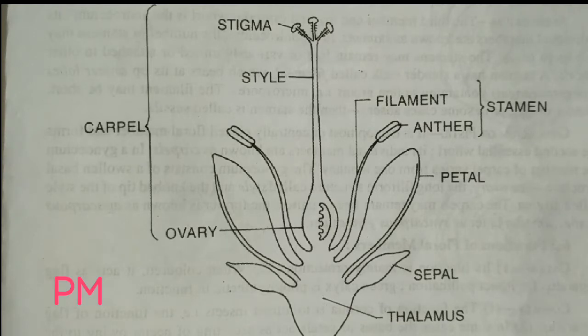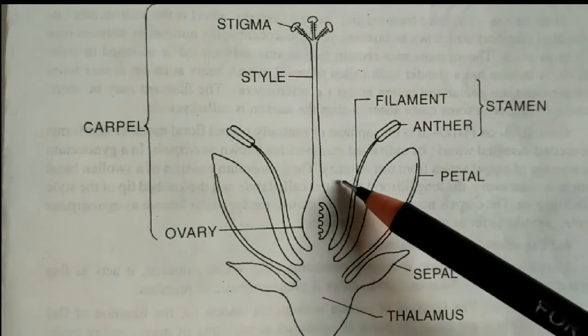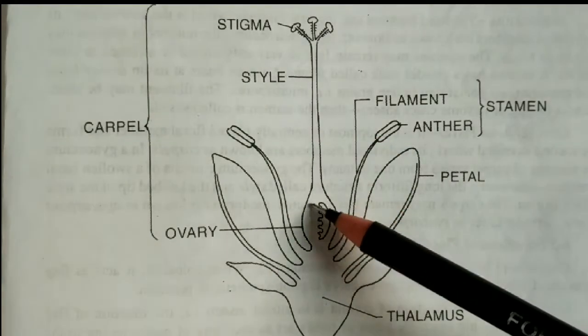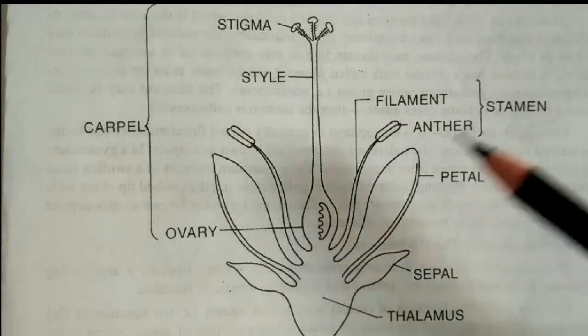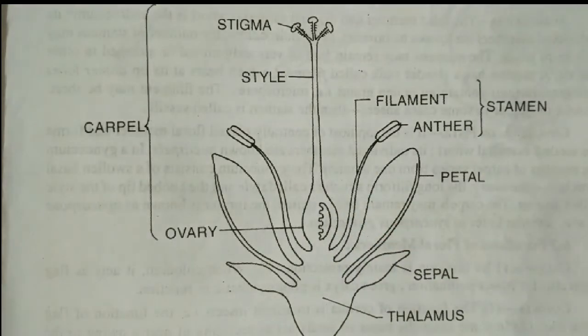Then the pollen tube is elongated through the style up to the ovary, and pollen pistil interaction is completed here. Now previously we discussed compatibility, meaning which pollen is capable of interacting with ova, fertilizing the ova.